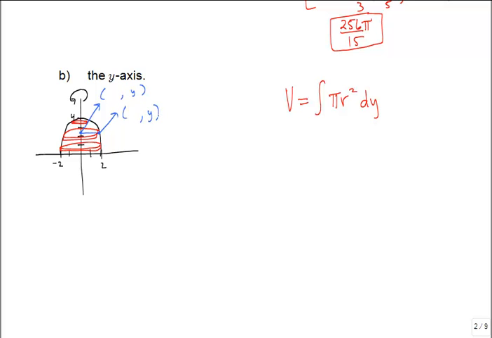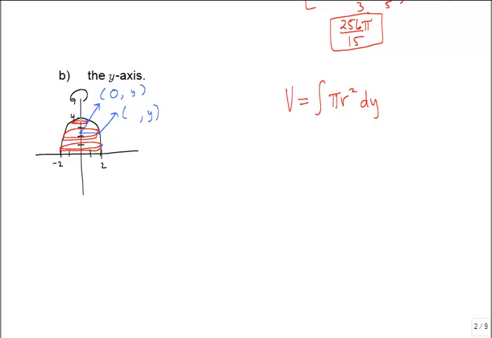I don't know what that height is, but it's going to be the same for both of those, whatever it is. Now for the center point, that center point for all of these different disks is always going to be on that y-axis, which means the x coordinate is always 0. So this x value is 0.